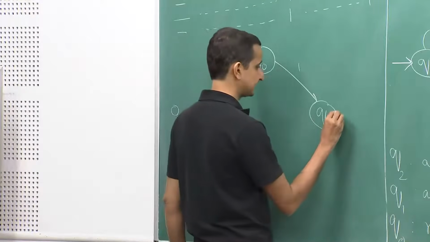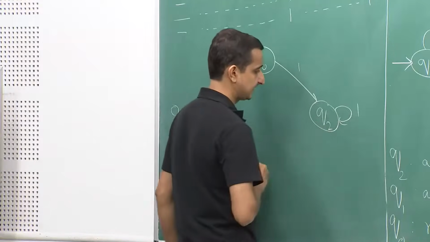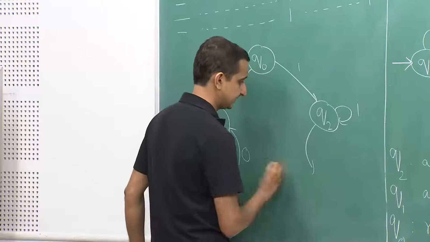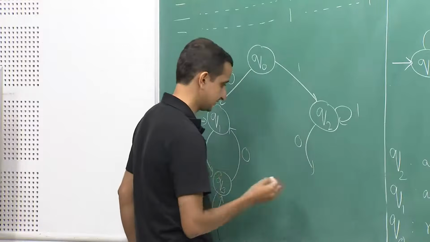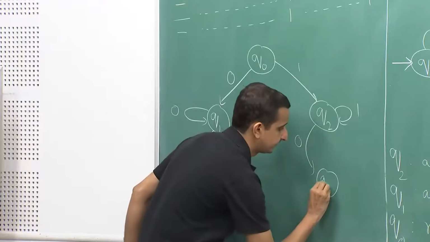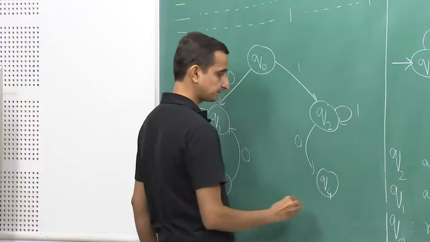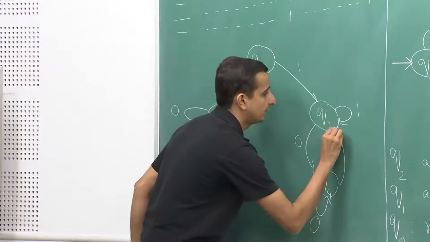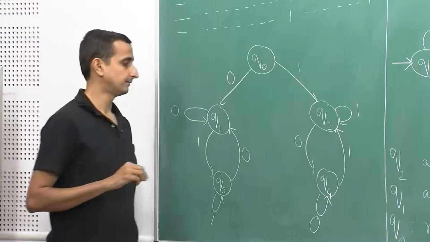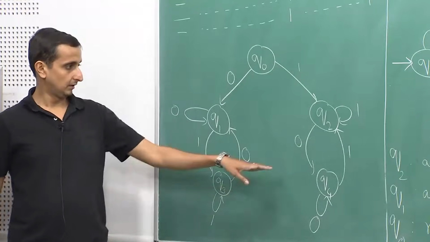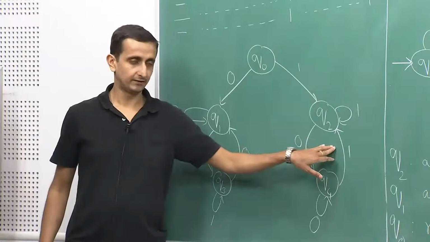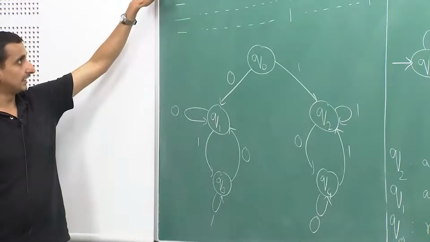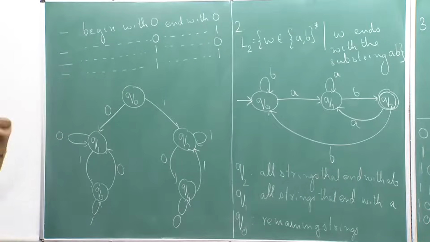From Q2, if I see a 1, I stay at Q2. If I see a 0, I go to a state, let us call it Q4. At Q4, if I see a 0, I stay at Q4, and if I see a 1, I go to the state Q2.